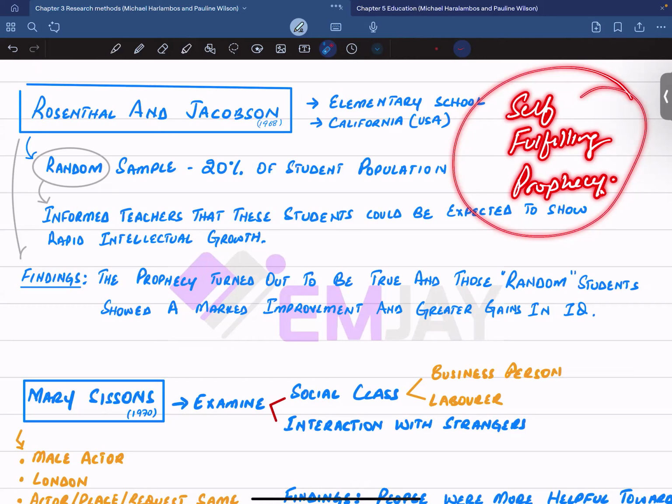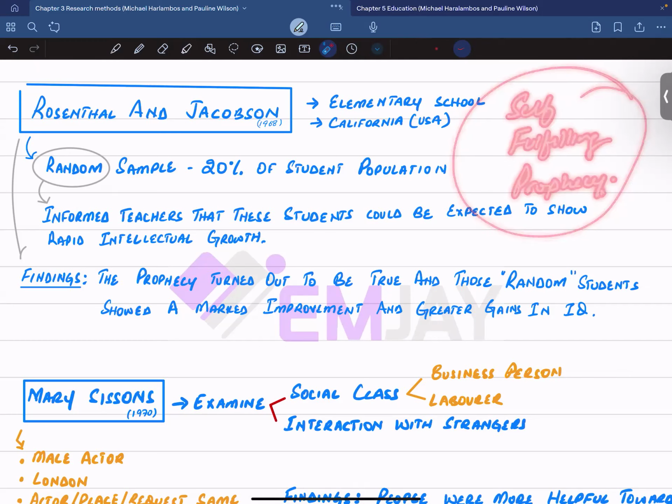That is, if a teacher thinks that a student is less able, the teacher might somehow communicate that to the student, might not have to say it directly, but somehow convey it, even when it is not done intentionally.